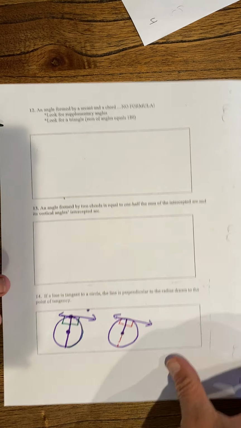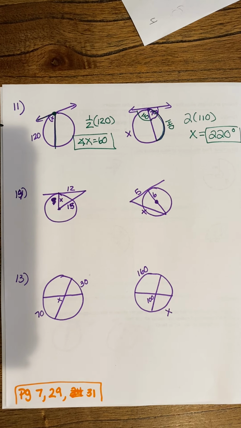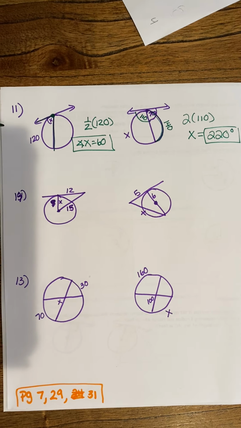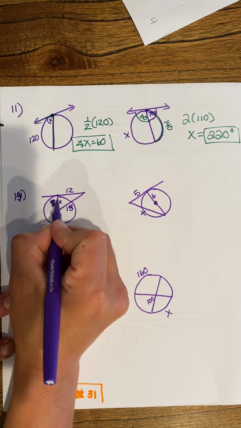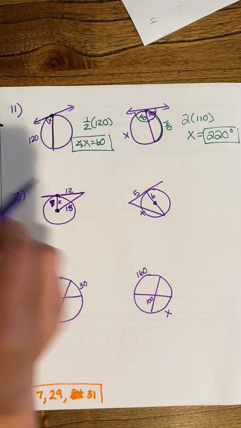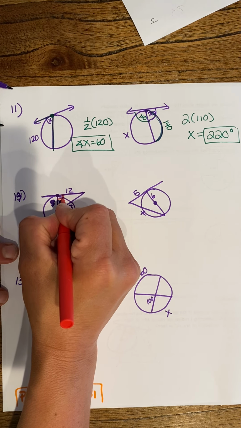So here's the thing. When you get a 90-degree angle, it also means that some extra things are on the table. Look at this one. Let's assume we know this is the center. Then this is a radius and a tangent meeting, and if a radius and a tangent meet, we can automatically mark that a right angle.